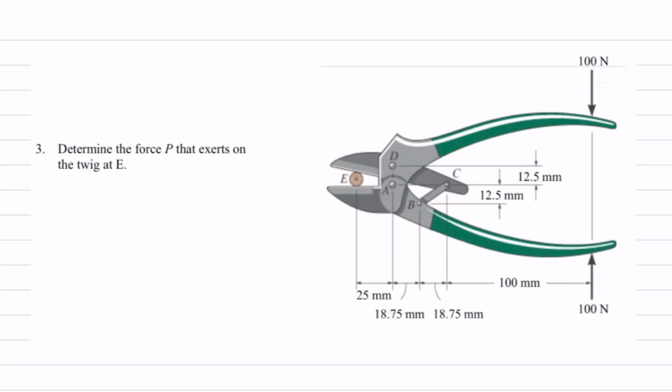For the next question, number 3, determine the force P exerted on the twig at E. First of all, we must divide our picture into an upper part and a lower part.